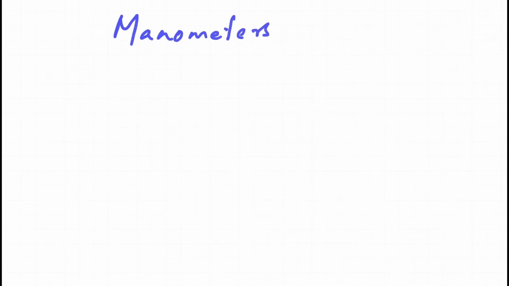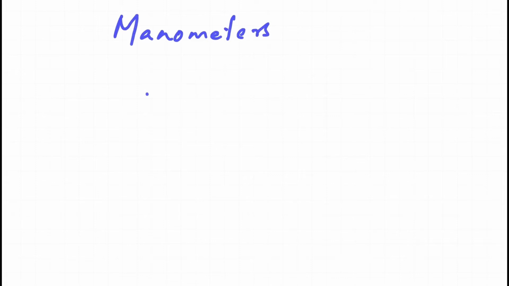Now using this analogy, let's consider a couple of arrangements of manometers. I don't know if you've heard of manometers, but they are devices suitable for measuring pressure within a pipe or a setup, or the pressure difference between 2 points in a liquid flow or a fluid flow.